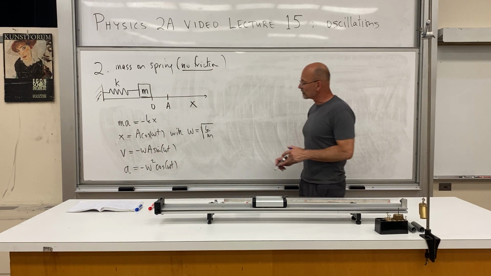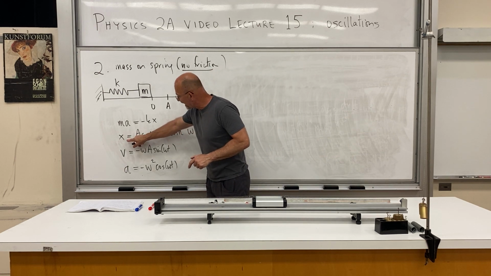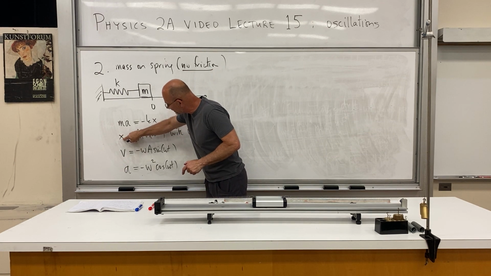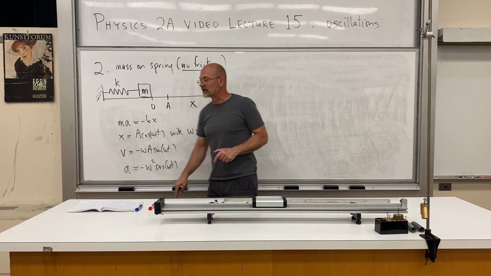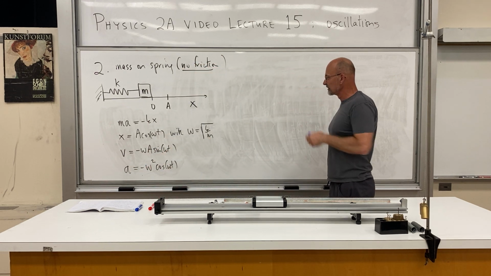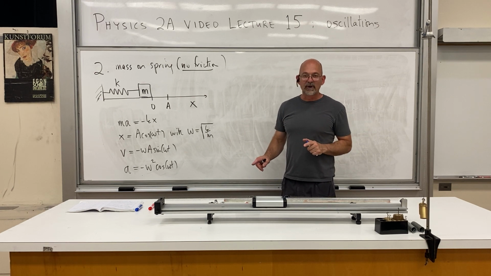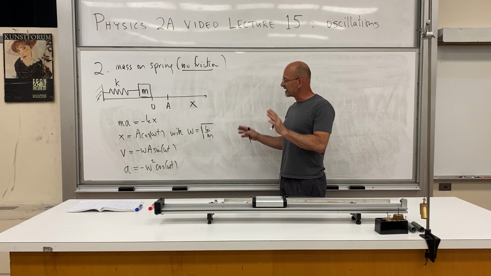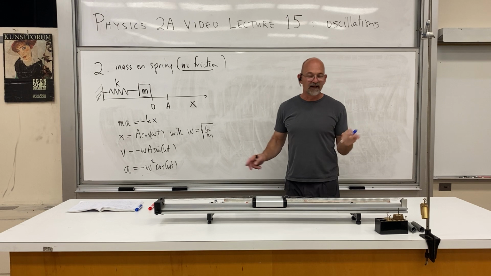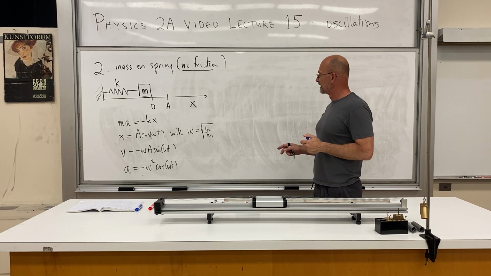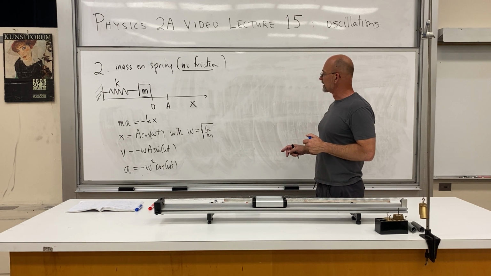So that all ties together. We now have sinusoidal behavior for the position, the velocity, and the acceleration. It's possible to get all these results purely algebraically, but it takes a little longer, and I think I'm allowed to take one derivative. You guys have generally had some calculus. So we just took one derivative, got there a little faster.